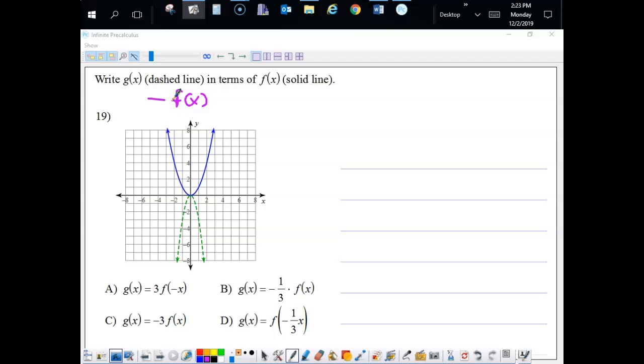One is by stretching it vertically, so I could have a number out here like this. Or another way you could do it is by compressing it horizontally. That will also make it look skinnier. So it could be this. So which one do you guys think it would be here?